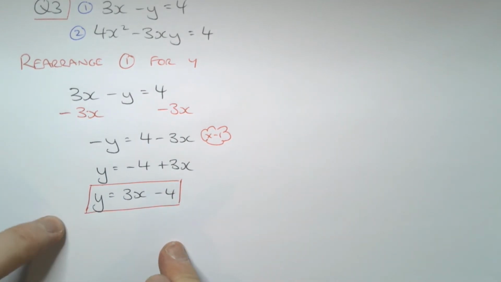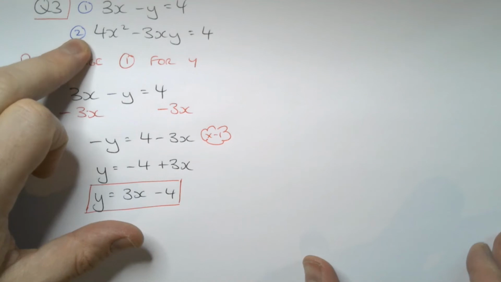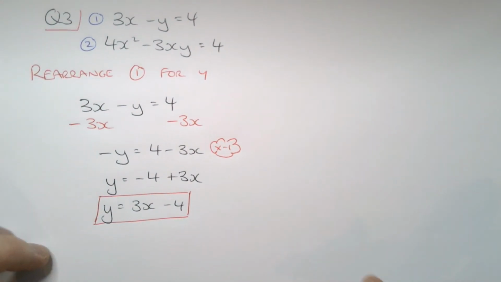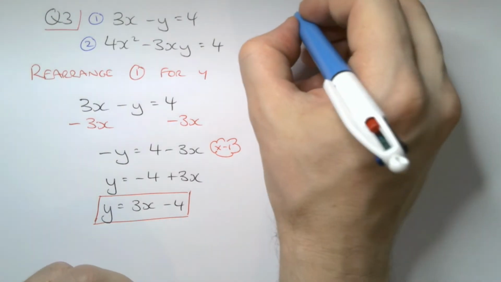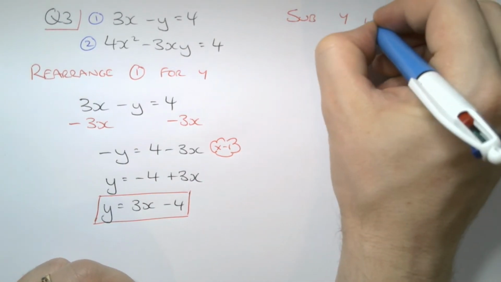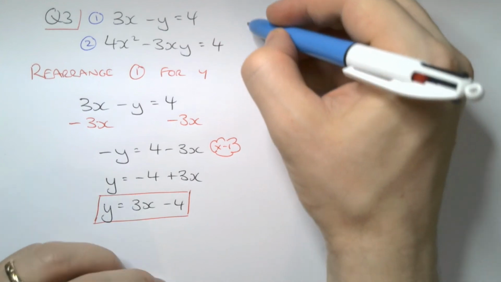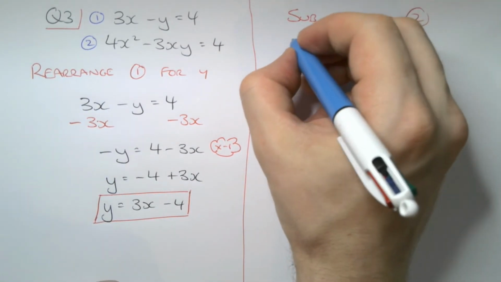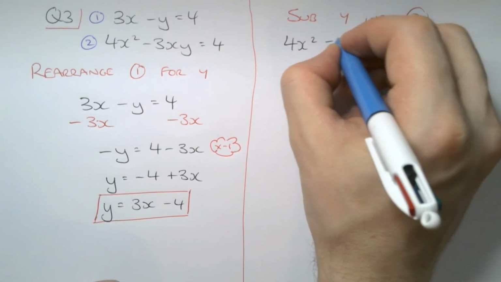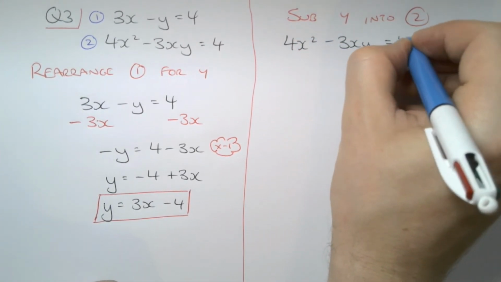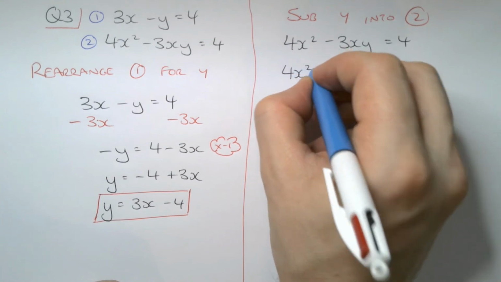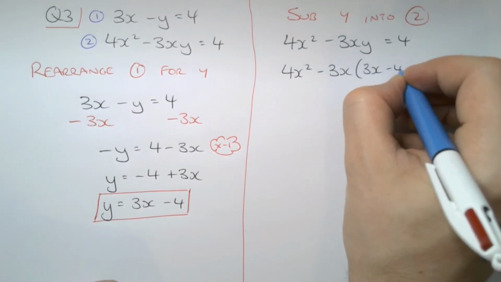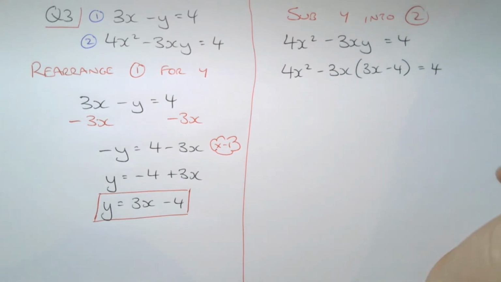This is not the only way to rearrange, but I'm just talking through my steps so you can see. Okay, now that I have what y is, I'm going to substitute it into the second equation. So sub y into equation 2. So I'm going to write equation 2, 4x squared minus 3xy equals 4. 4x squared minus 3x, and then I replace the y with 3x minus 4, equal to 4.